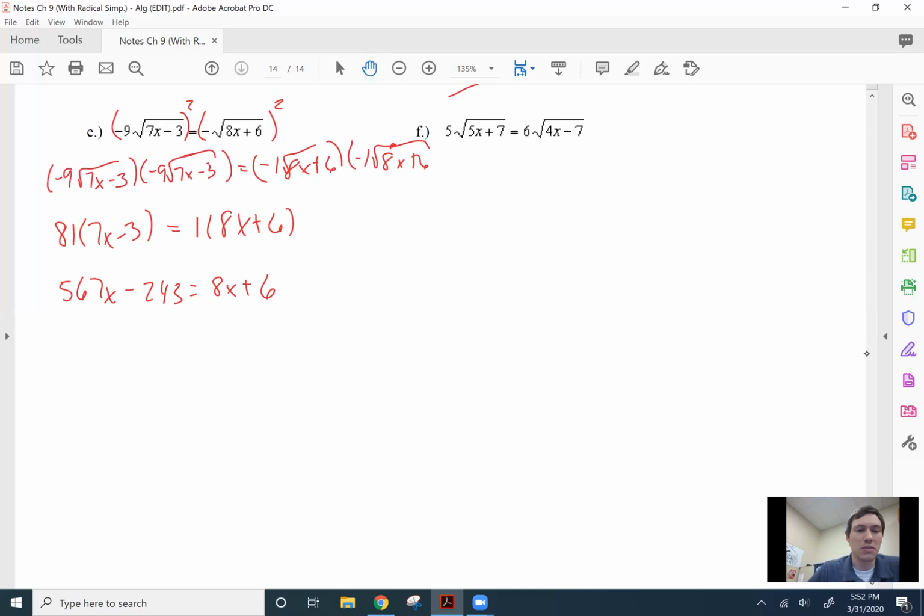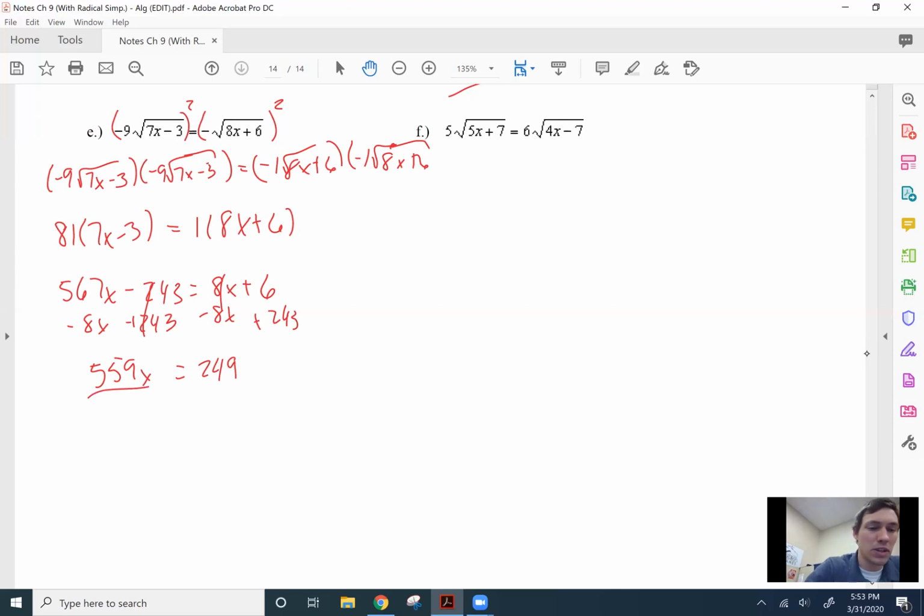Now combine like terms. So I'm going to subtract 8x, and I'm going to add 243 to both sides. So 567 minus 8 is going to be 559x. That's gone. That's gone. And 243 plus 6 is 249.